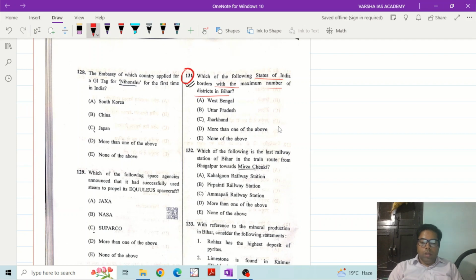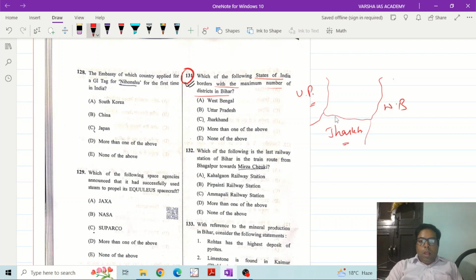Now, if you do not know the factual information, you see this is Bihar state. In the east this is West Bengal, this is Jharkhand, and this is Uttar Pradesh. So this large part has been covered by Uttar Pradesh and Jharkhand.